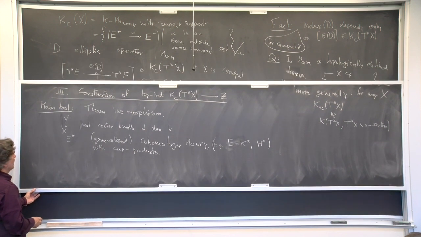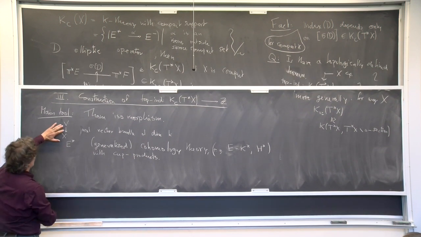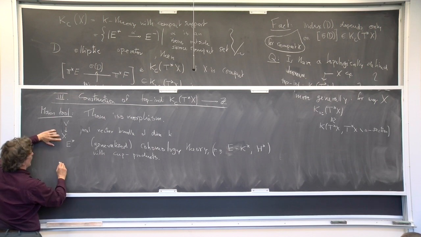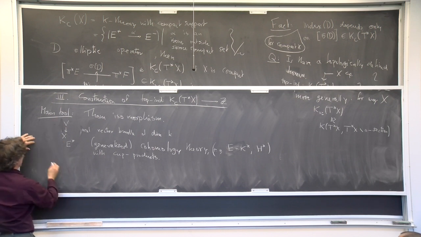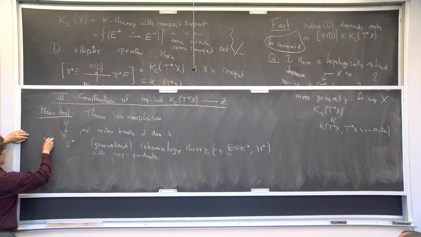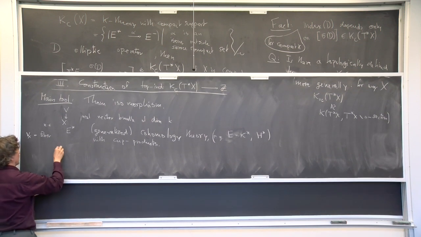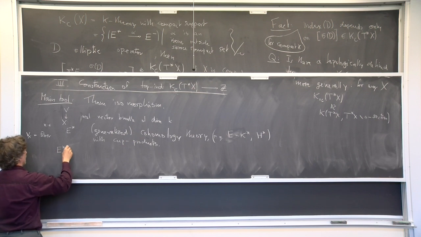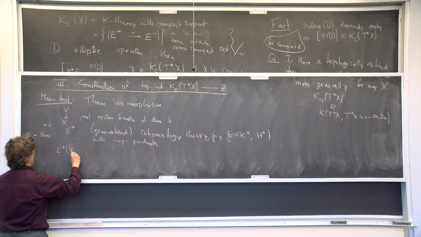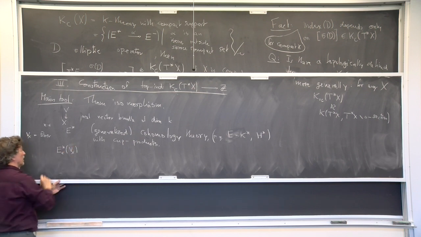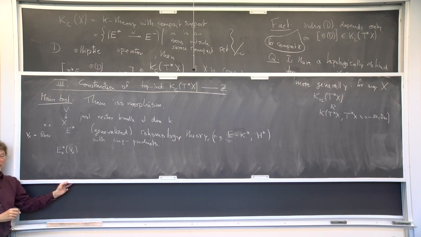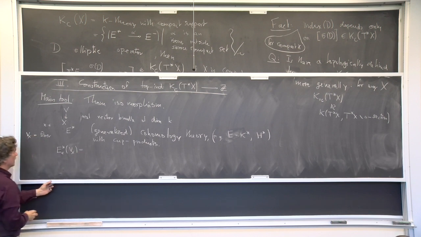Okay, then let me look at what the cohomology class of a fiber of this bundle is. I pick a point x, and I write Vx for the fiber of this bundle at the point x. Let's look at the cohomology applied to Vx, but taken with compact support. There are various ways to think about it.